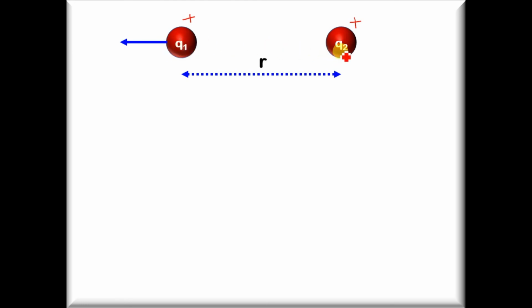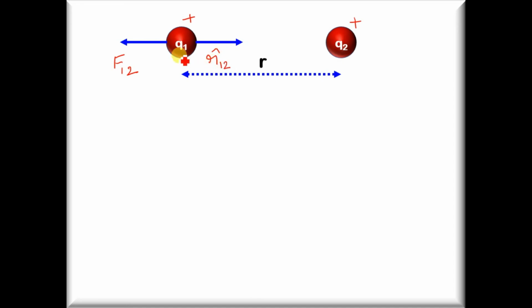So the force acting on Q1 due to Q2 is your F12, which is directed in this way because both are positive. It is a repulsive force. And the unit vector corresponding to this is represented in this way. That means your unit vector R12 cap is in this direction.